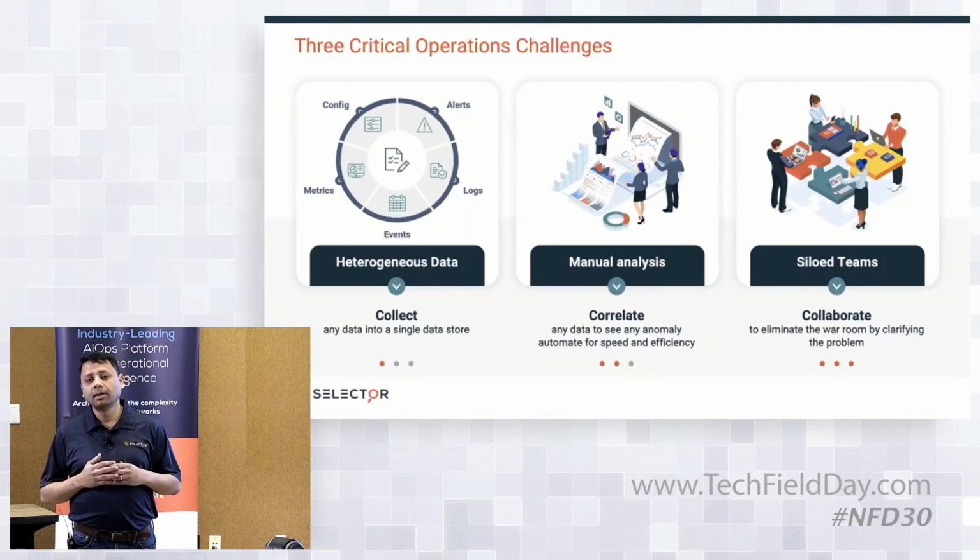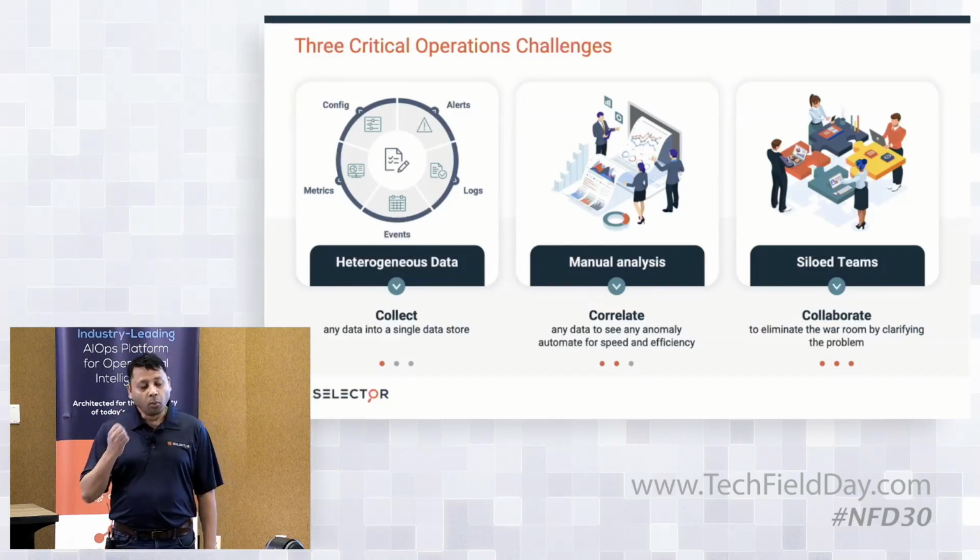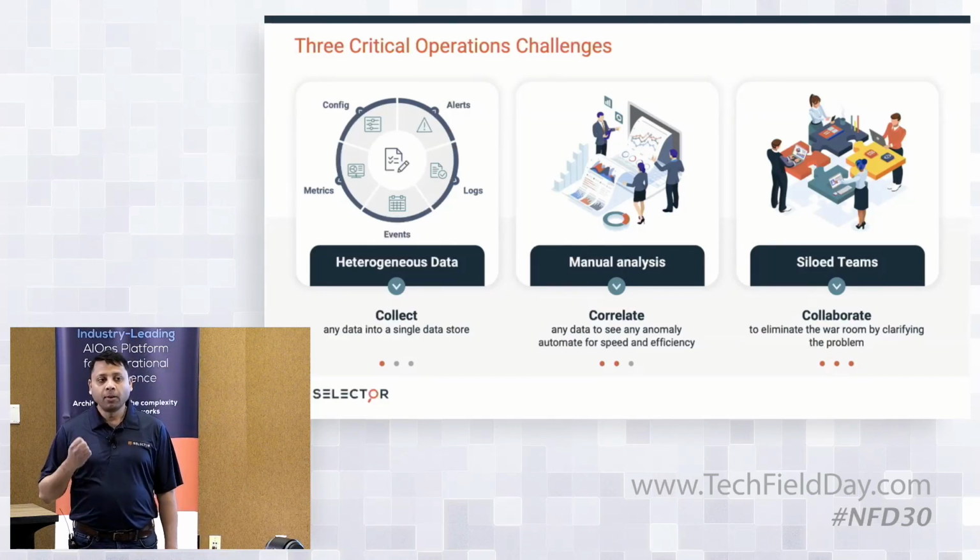So what we do is collect heterogeneous data, like all the different sources of data listed here, not limited to this. As we expand, we're getting more data ingested into the platform. We do automatic correlation of these data sources and get insights. Once we get that insight, we can share it using collaborative platforms like Slack or Microsoft Teams.